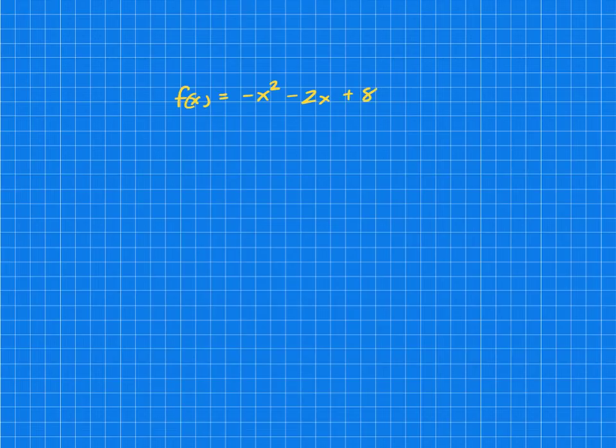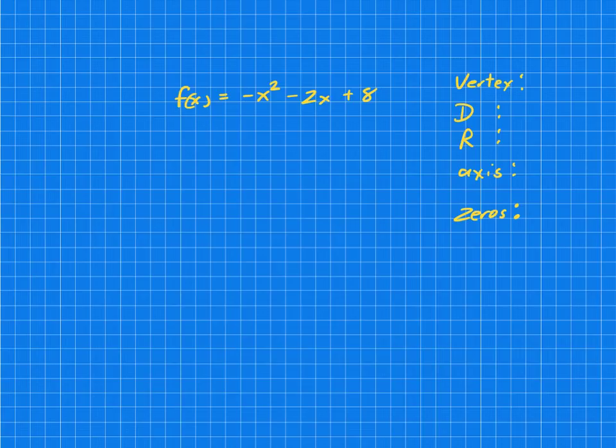So what I need to ask you to do is to find the vertex, the domain, the range, the axis of symmetry, and the zeros. Now, unlike the one that I just did, the zeros here actually come out to nice rational numbers. So if you don't get nice even numbers, then something must have gone wrong.